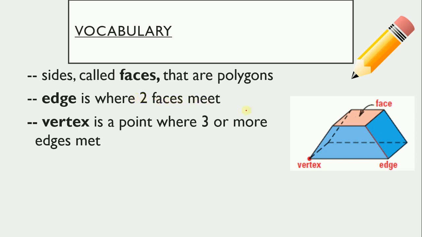Edges are where the two faces meet. So right here is an edge. There's quite a few edges on this solid here. And then a vertex is a point where 3 or more edges are going to meet. So like right here would be a vertex, right here would be a vertex, there, there, there. The word that we're going to definitely use quite a bit is the faces word. That's something that's going to be coming up quite a bit more.